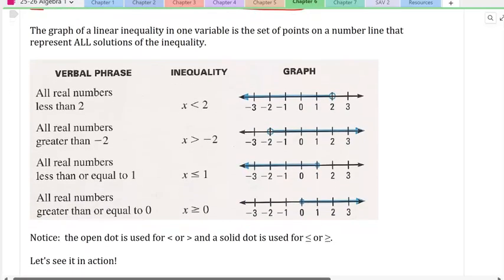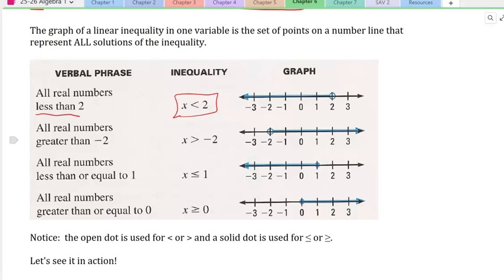Here are some verbal phrases, the inequality that goes along with them, and the graph that matches. Our very first one says all real numbers that are less than 2. Now notice the inequality says x less than 2. That's less than because as you read it from left to right, we have less points here than we do here. X is less than 2.